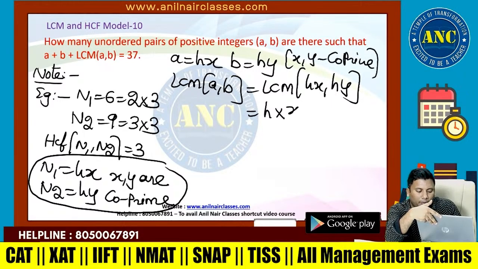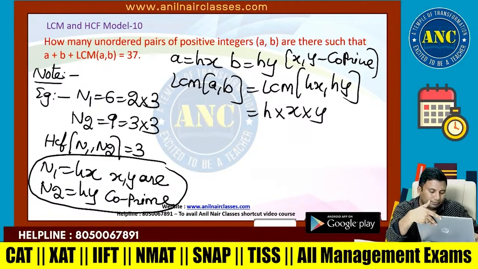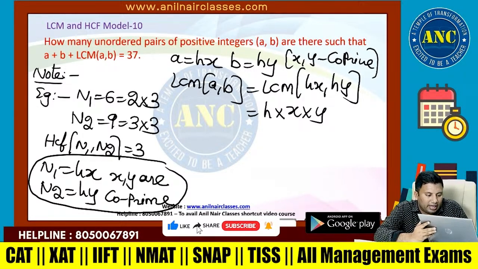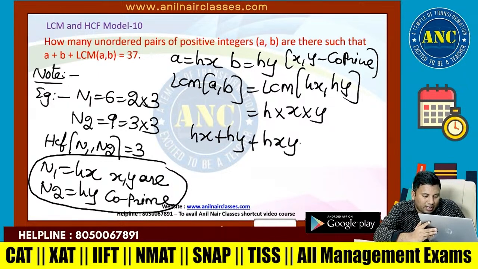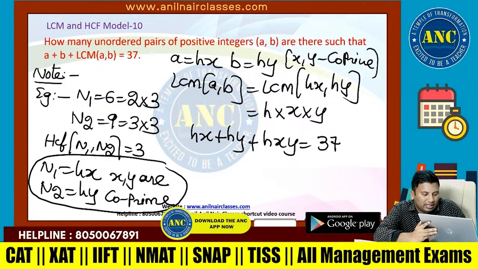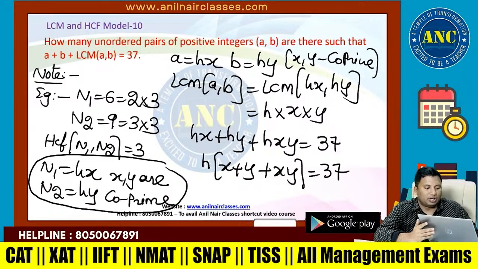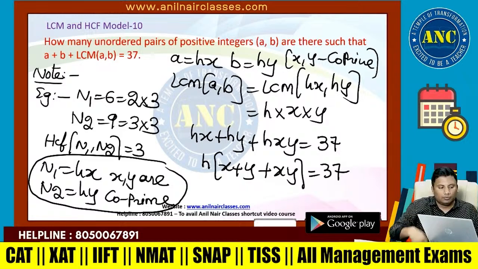LCM of co-primes is their product. Listen carefully, sir. Two questions I will solve. So A is Hx, B is Hy. This is H x y equivalent to 37. H into (X plus Y plus Xy) equivalent to 37. Till here clear, right?